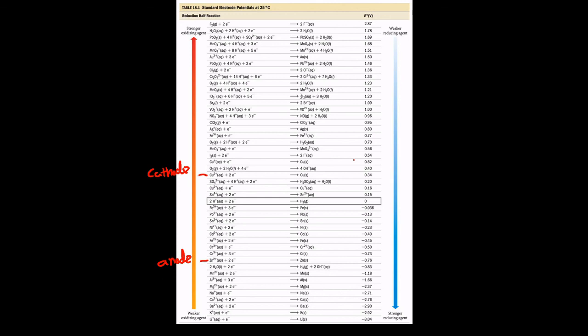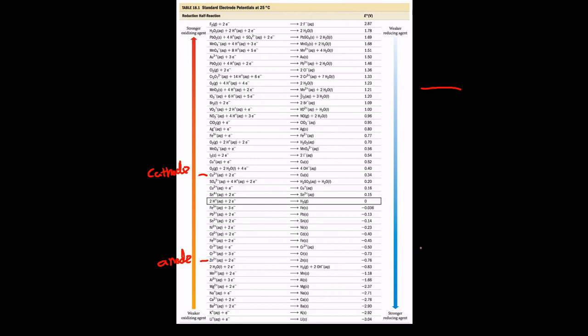The reason for this is, again, going back to that waterfall analogy, the two sides of our cell, the two half reactions, are like the height of the waterfall. So we have the manganese oxide here. That's the top of our waterfall. And we have, although actually that would be the bottom of our waterfall.